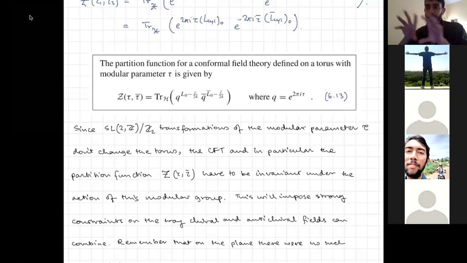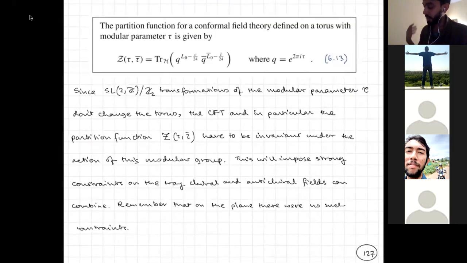Here, since things are moving on this donut-shaped object, there are restrictions on what can happen. For example, there will be restrictions on the central charges, on what c minus c bar could be, arising just from demanding modular invariance. We will see if we can do a little bit of that.